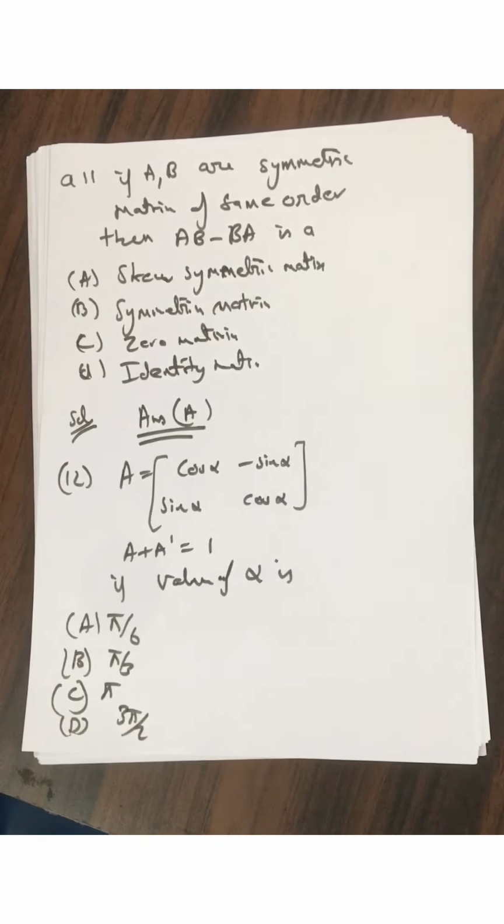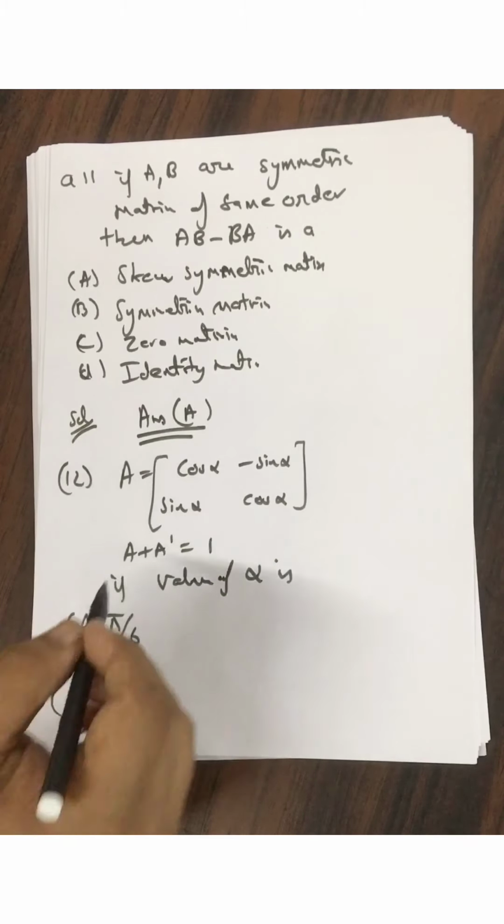Which one from your point of view will be correct? Think about it. If you place the values, what happens? See, pi by 6 is 30 degrees. Put the values.